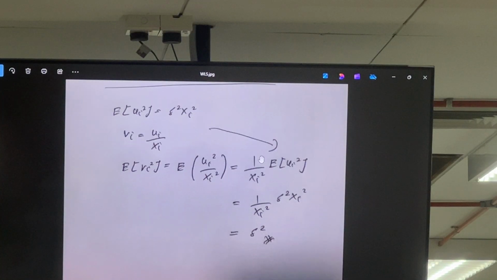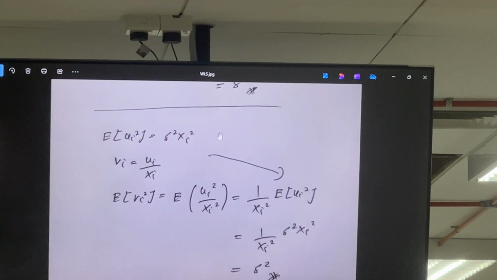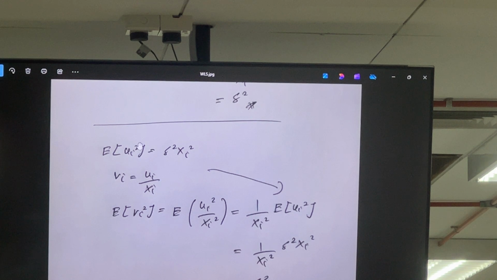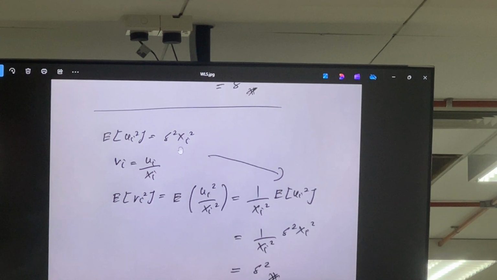For the second case, let's say the error variance is given by this, the variance of ui equals sigma squared xi squared. So the transformed error term in the transformed equation is given by this. If you take the square of this, you get this.